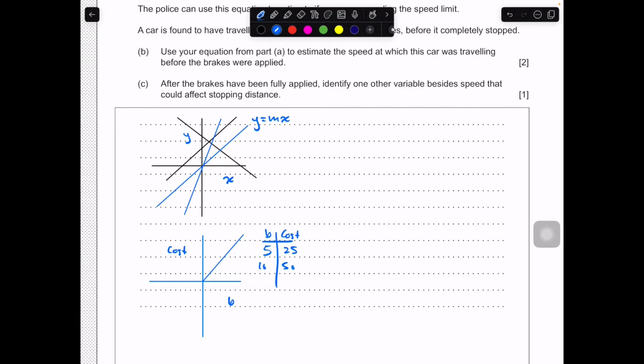And we're looking for some kind of factor, what we call a proportionality constant, to multiply by the number of buttons in order for us to get the cost.